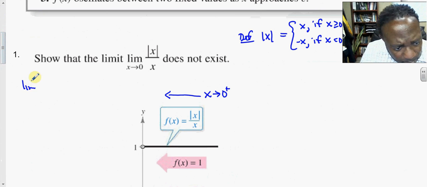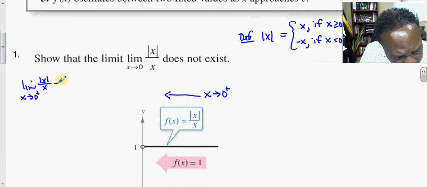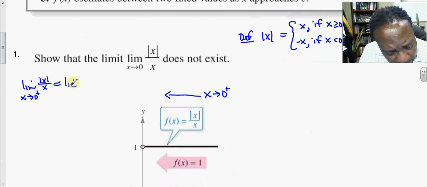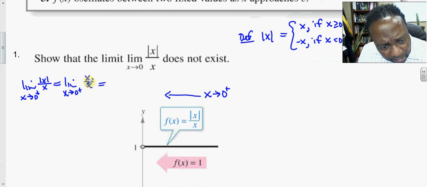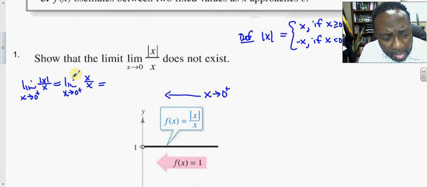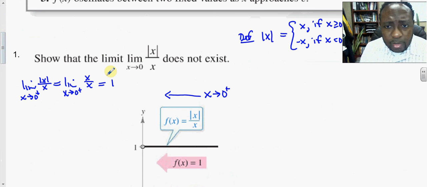So the limit of the absolute value of x over x as x approaches 0 from the right, we drop the absolute value sign. So we get the limit as x approaches 0 from the right of x divided by x. And x divided by x is just 1. And the limit of a constant, we'll find out, will always be a constant. So here we get 1.